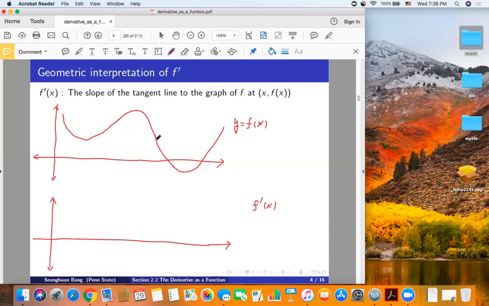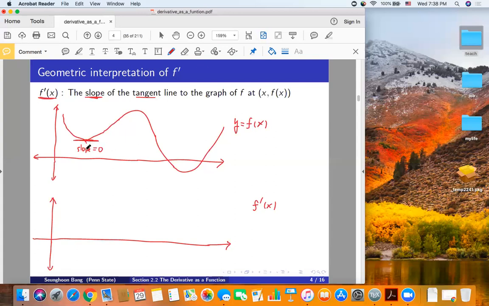What is f prime of x? We can use this definition. f prime of x is the slope of the tangent line. I can choose this minimum value here. I can draw the tangent line. This is a horizontal tangent line. What's the slope of this tangent line? Is it 1, 0? Yes, the slope is 0.